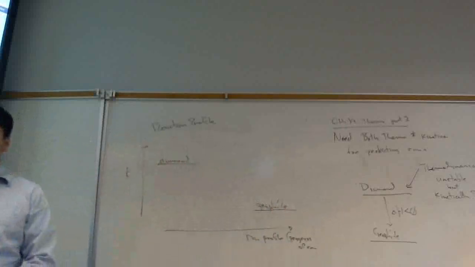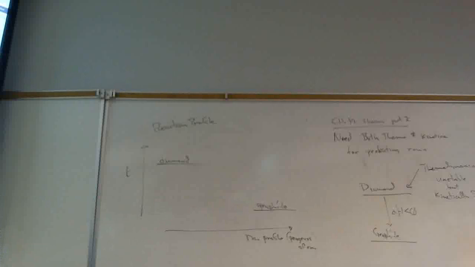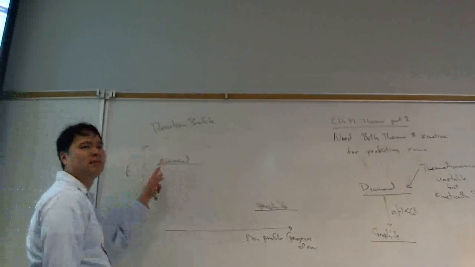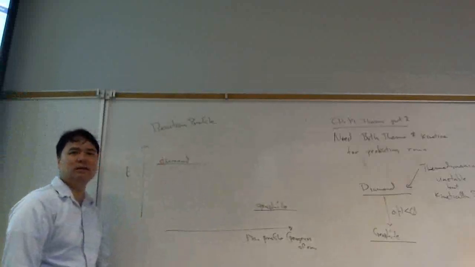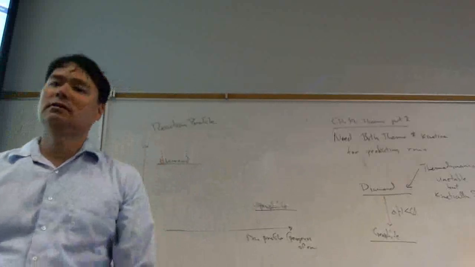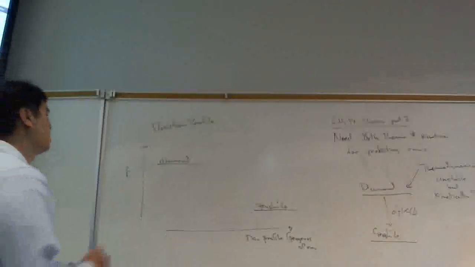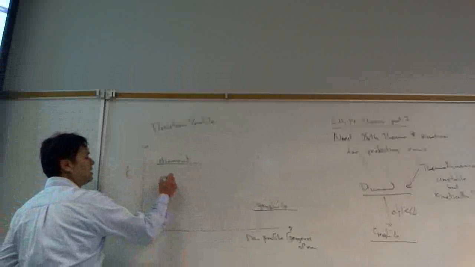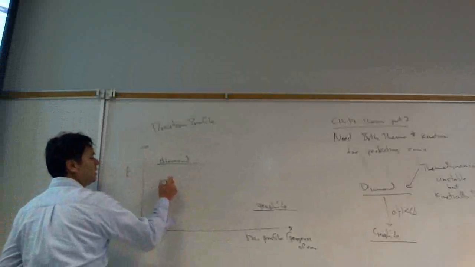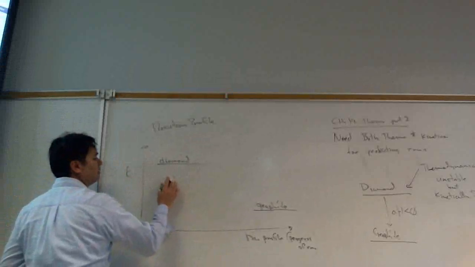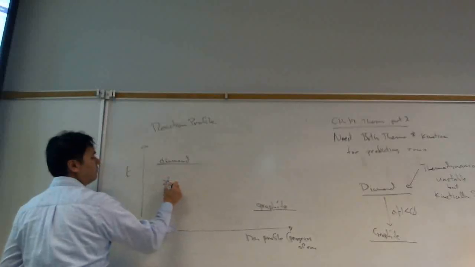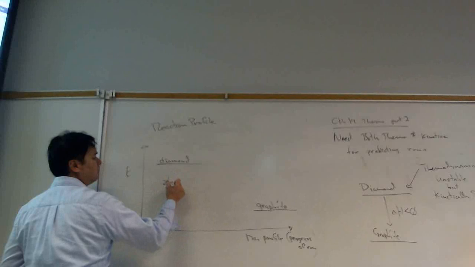The problem is if you think about diamond, what kind of bonds are in diamond? Use valence bond theory to describe the bonds of diamond. Well, you need the structure. Diamond has a tetrahedral lattice network. These are all sp3.